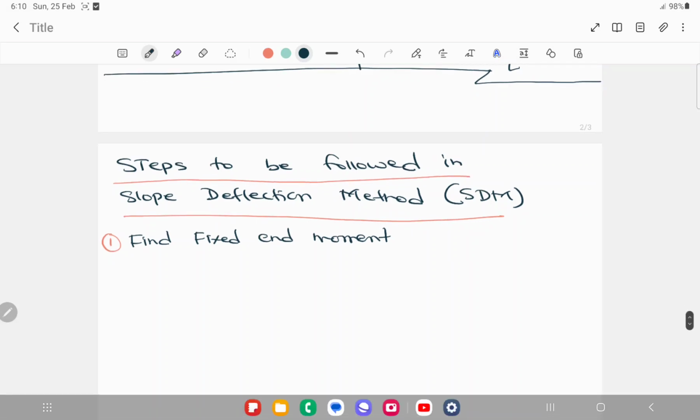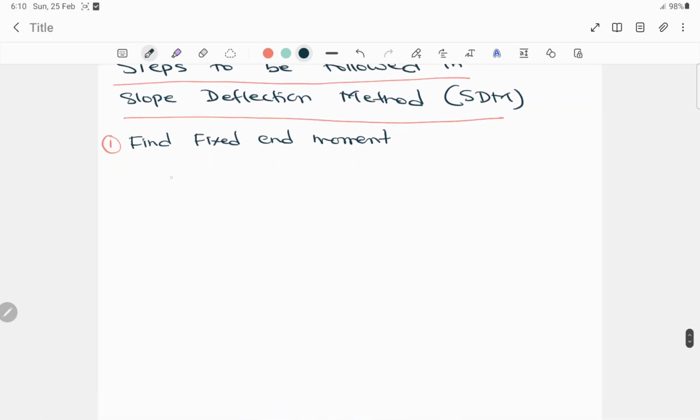Fixed end moment, that means, suppose it can be for AB, BA, for BC and CB.